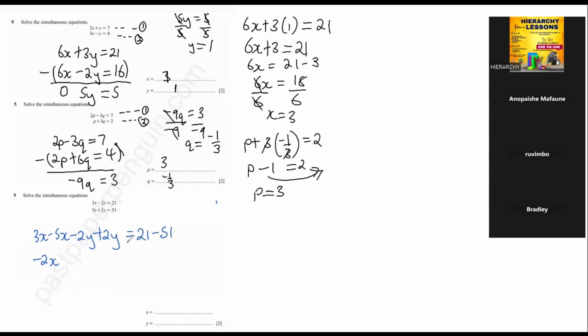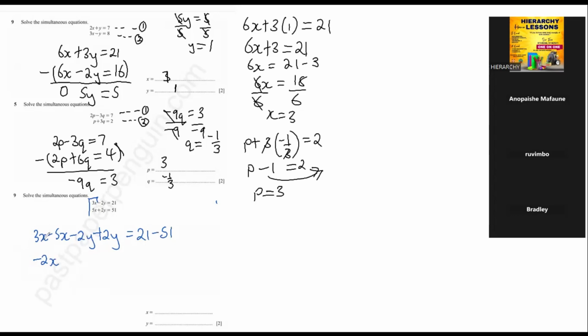Bradley, I need to ask you something. You are saying 3x minus 5x, right? And then it's supposed to be minus 2y minus 2y, isn't it? Because the sign stays minus 2y.